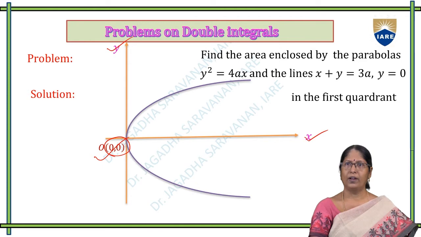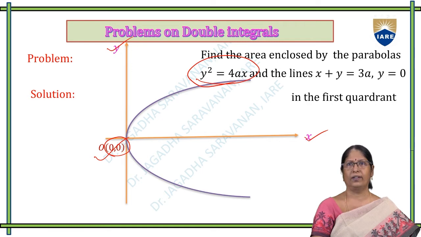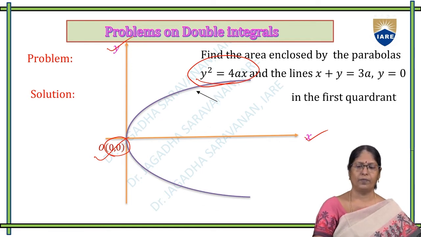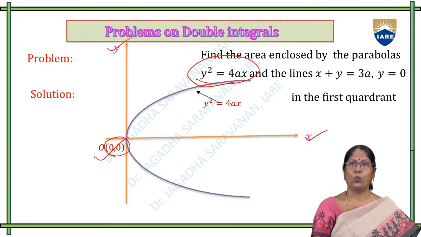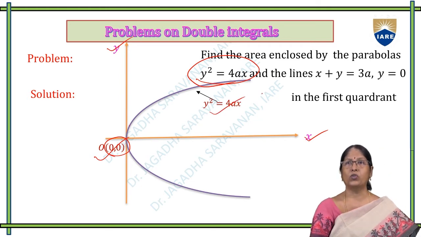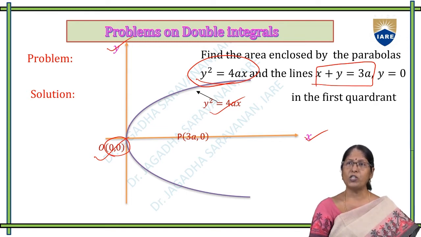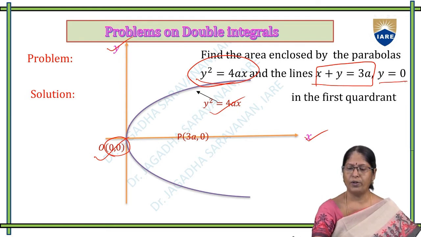Now y square equal to 4ax is the parabola. The next condition given is x plus y equal to 3a and y equal to 0. We will substitute here.